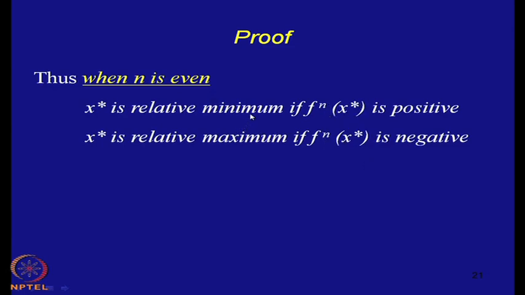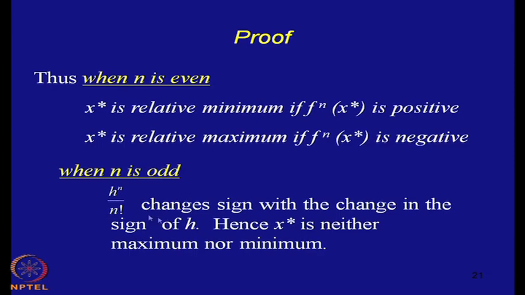But when n is odd, we cannot say anything about the sign of h to the power n by n factorial. That is why, depending on the sign of h, f of x star plus h minus f of x star will change. There is no pattern, it won't follow any pattern.